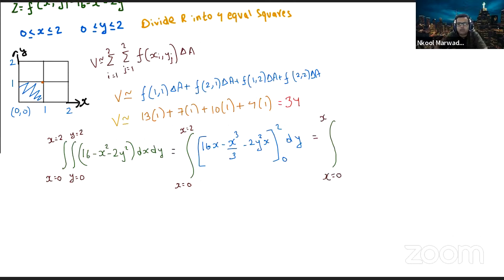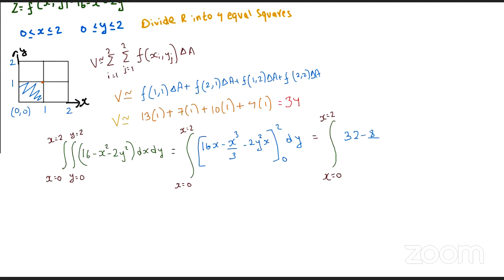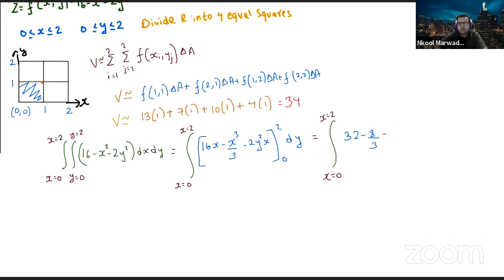Now, when I put the limits, 16 into 2 is 32, minus 2 to the power 4 by 4, minus 4y square. Here everything will be 0. So 32 minus 8/3 we can do.